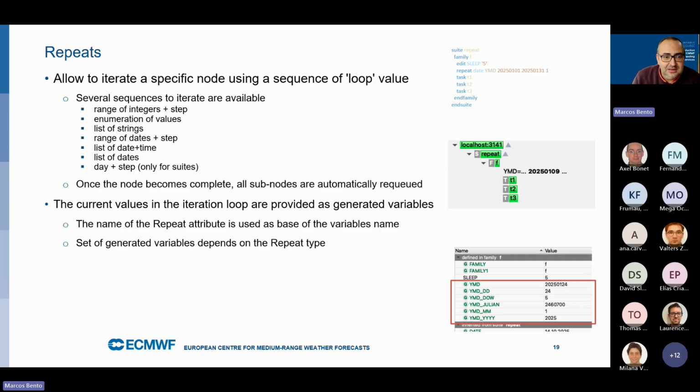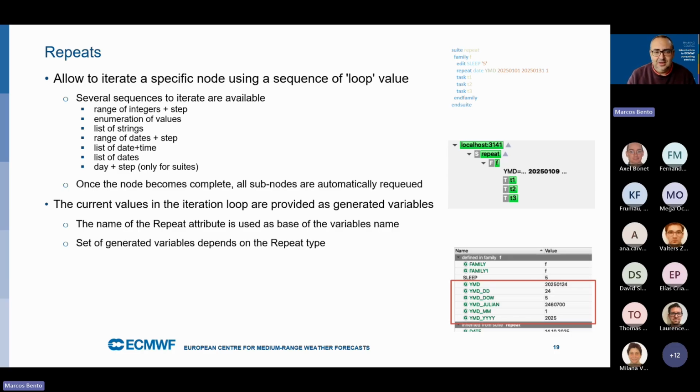This YMD gets generated as variables as YMD for the actual full date, but you also get an underscore DD just for the day, underscore DOW for the day of the week, a Julian day, a month, and a year. So all of these get generated, and these can be used in between percentage signs, and they will become part of your task.